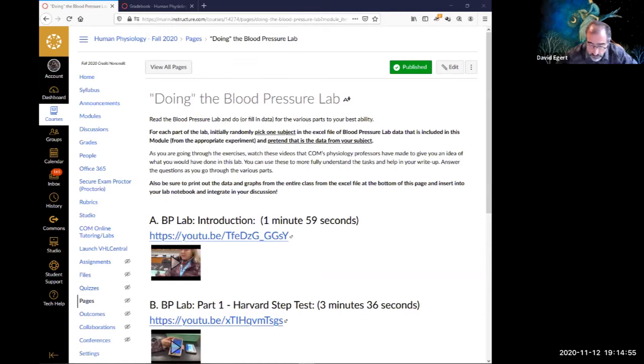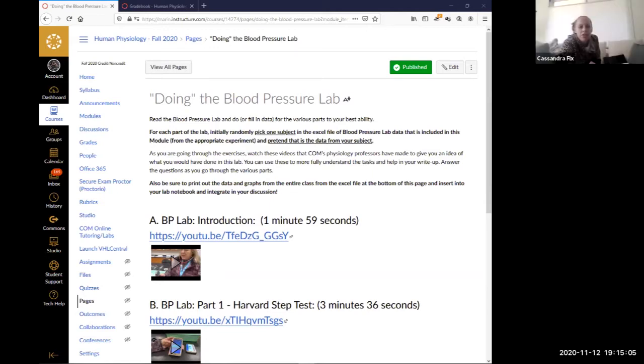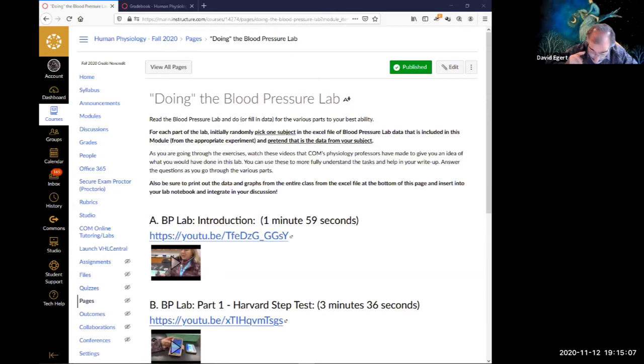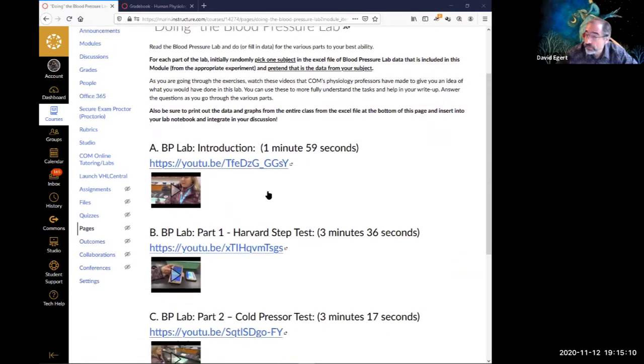Something is wrong here. Are you seeing anything, or does it just say like the spinning wheel? No, I can see it. I can see your page. Oh, okay. On my, oh, there it is. Okay.